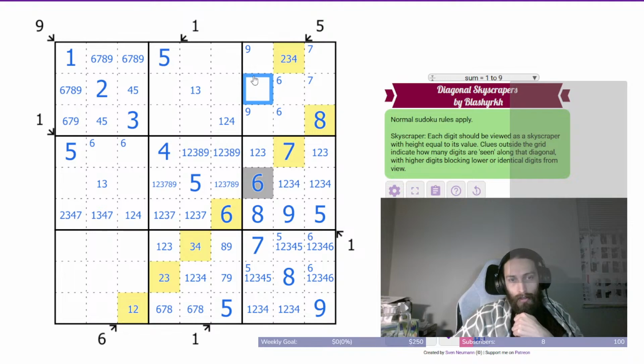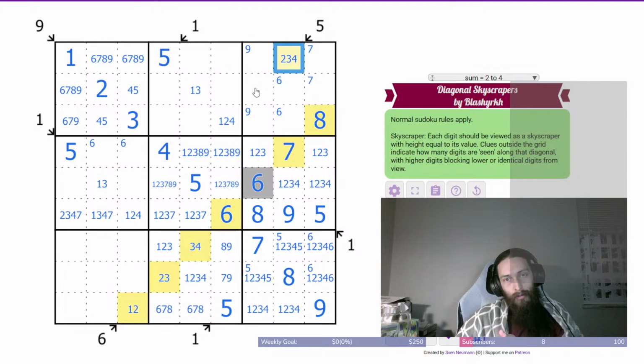If this digit is seen, then that would be 1 and 2. There would be 3 more. You could go 4. Well, for there to be 3 more digits, you could go 6, 7, 8, 9.